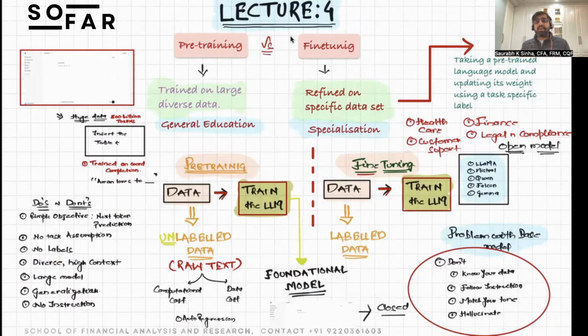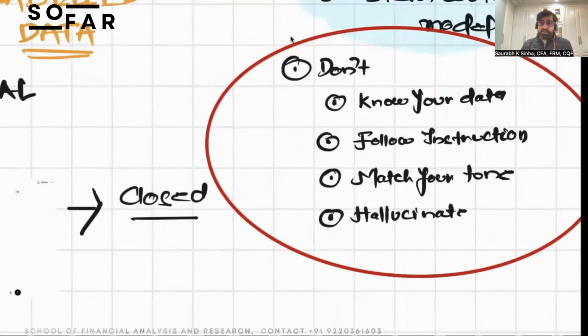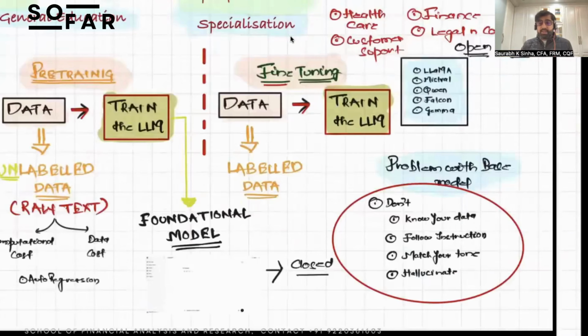Okay. With that, we have understood the difference between pre-training and fine-tuning. But why is there so much noise about RAG and why is there so much noise about prompt engineering? Because if the model is not fine-tuned, then what will happen? Hallucination. So how to fix it?